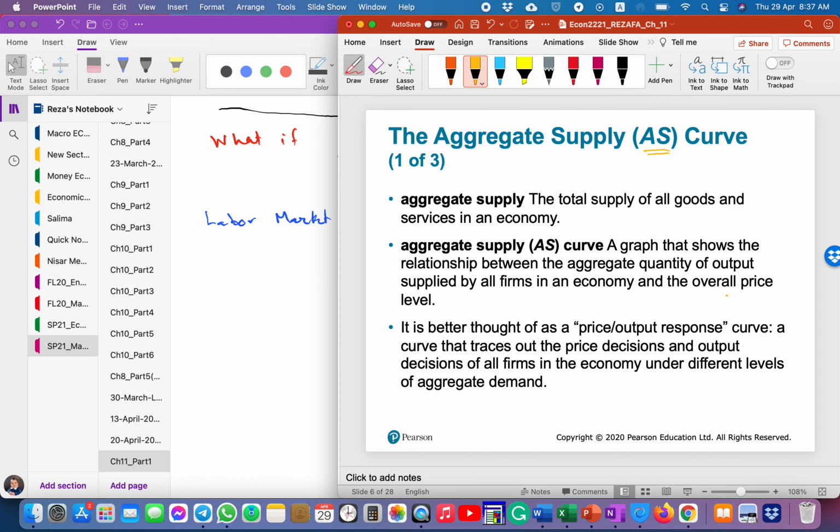So if the overall price changes, how much is the aggregate output, the physical real-term output, going to increase or decrease?